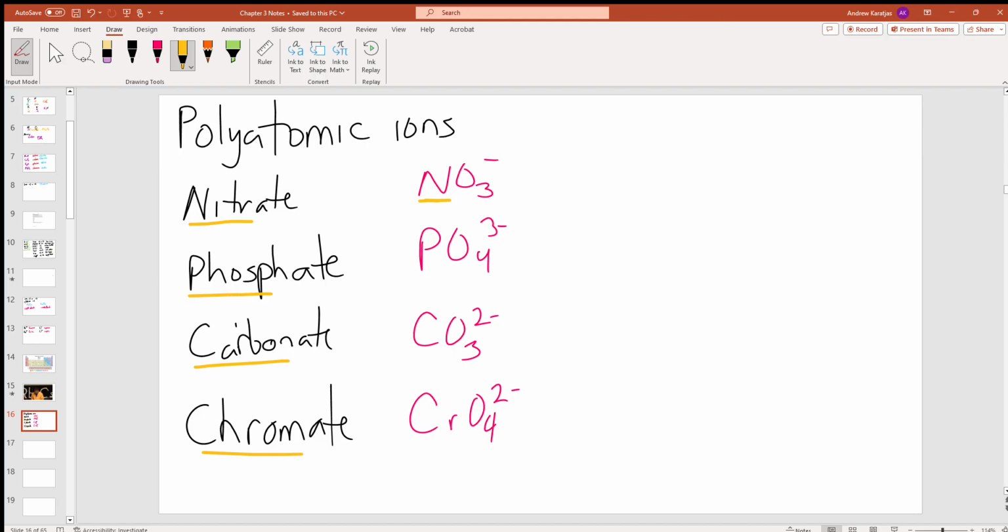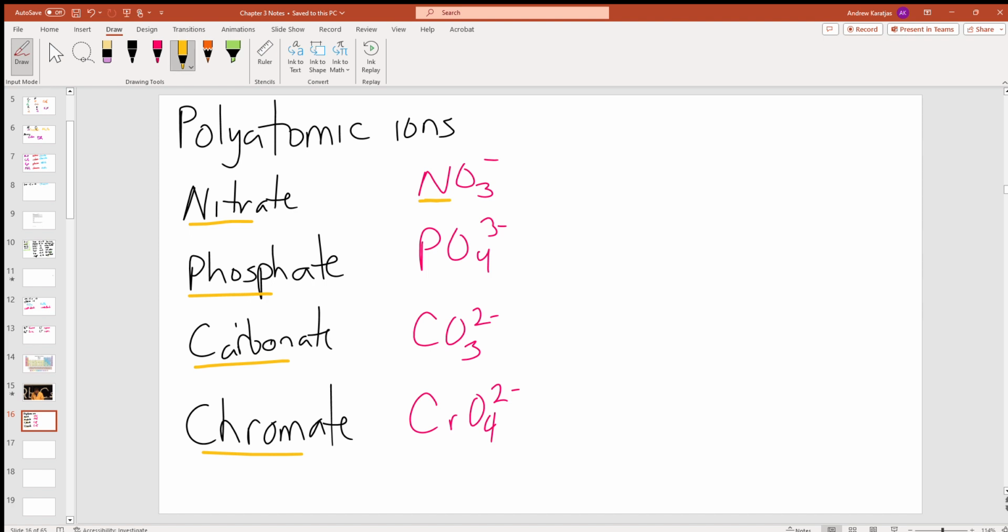So he came up with a series of phrases that you can associate with each of these polyatomic names, and they may help you remember them.